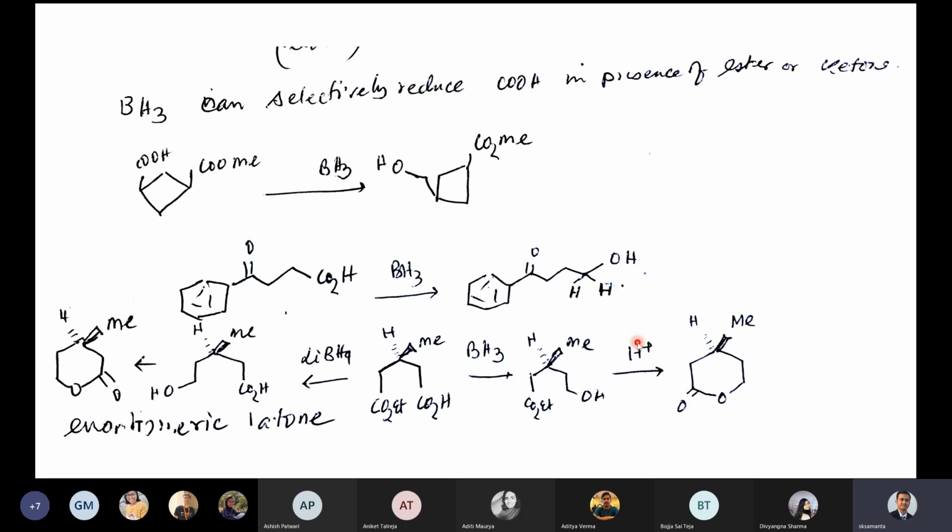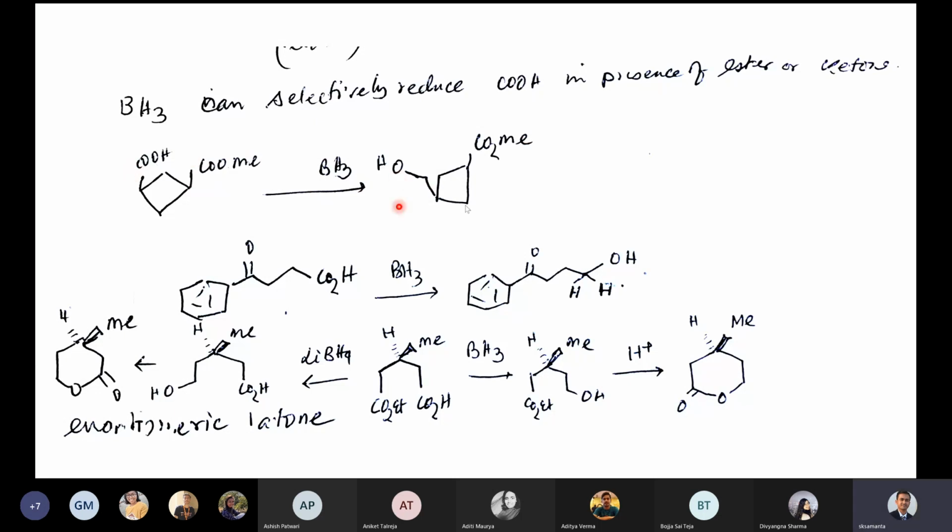Now, there are just two or three examples that I want to give here. So, BH3 can selectively reduce COOH in presence of ester or ketone. Okay. So, if you take this kind of a molecule where on one side you have COOH, on another side you have COOMe, and if you react with BH3, then in this case COOMe will remain as it is and COOH will form CH2OH.